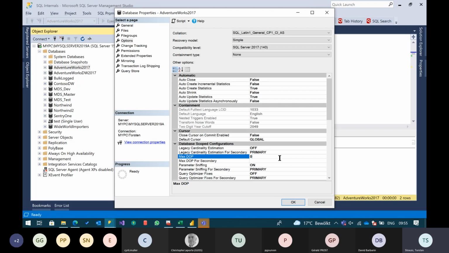That means on an instance level, you can set the value. On a database level, you can set a value which overrides the instance value for the specific database. And you can hint the query to use more or fewer threads by MAXDOP. So this will again override the database setting, and this will override the instance setting.